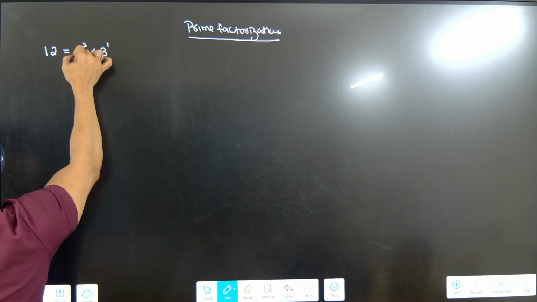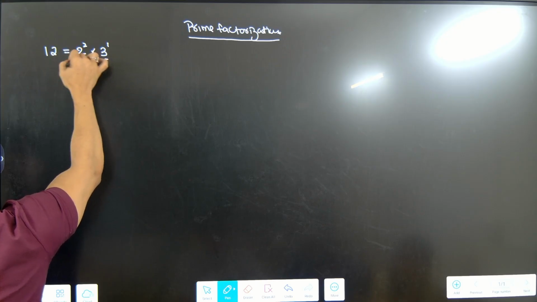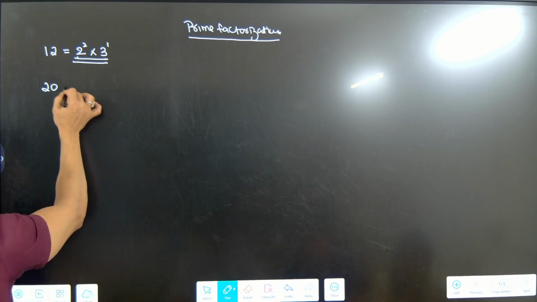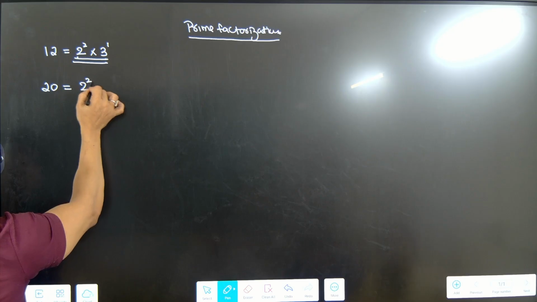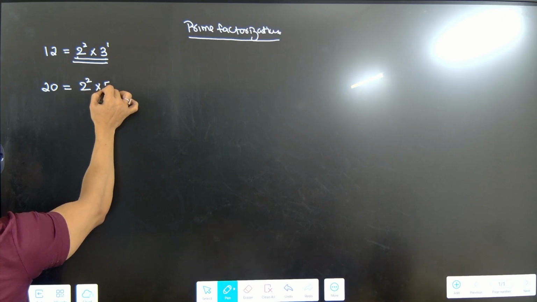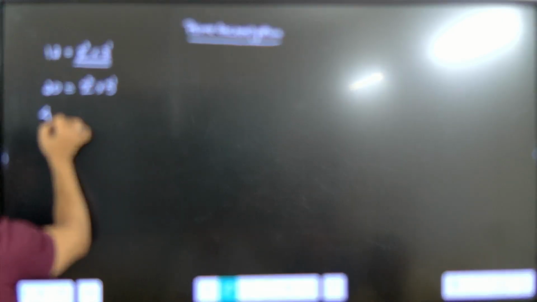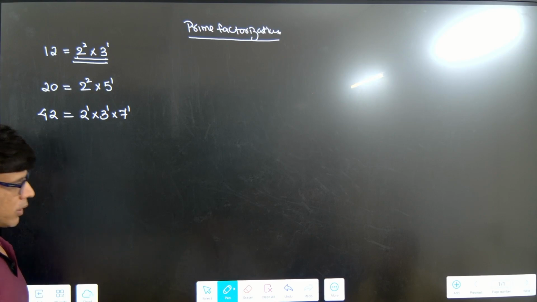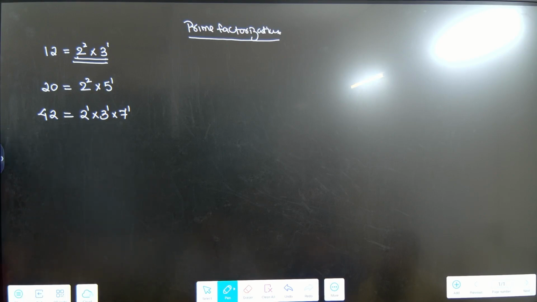When you are writing any composite number as a product of its primes, this process is called prime factorization. Let's say you have 20. 20 you can write as 2 squared into 5. And 42 is 2 raised to the power 1 into 3 into 7. All this is called prime factorization.